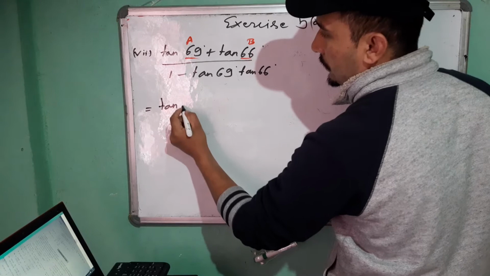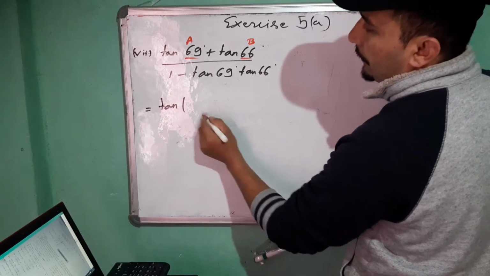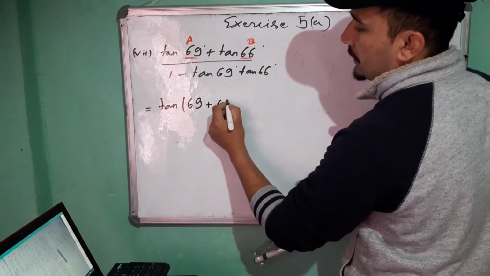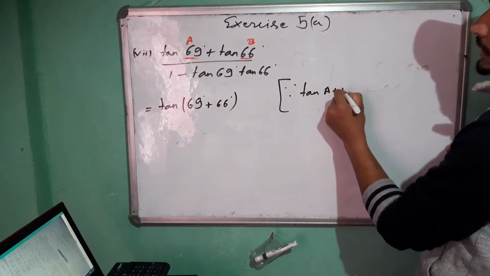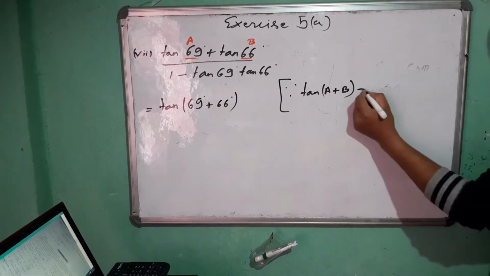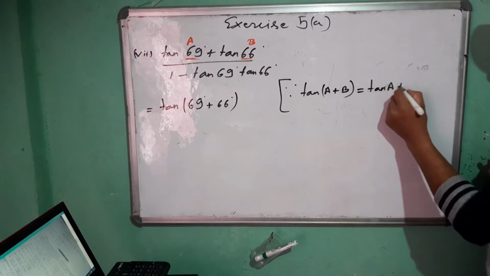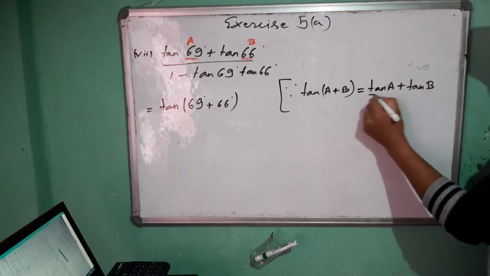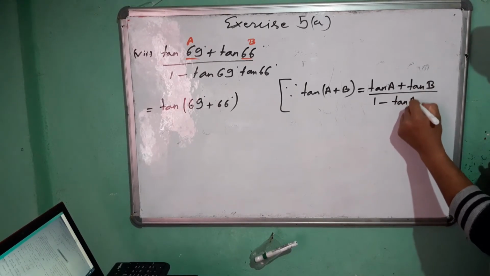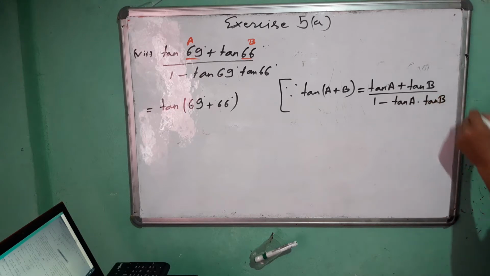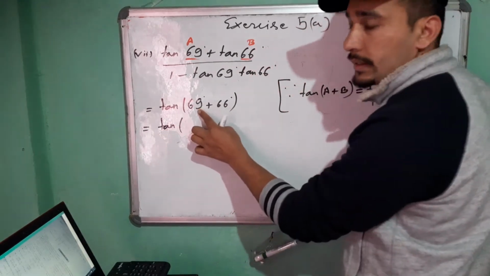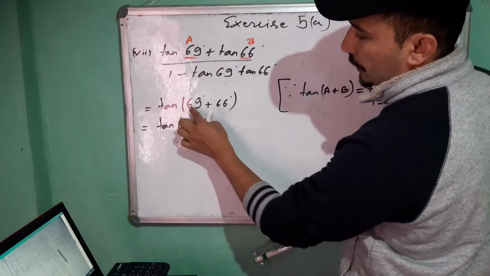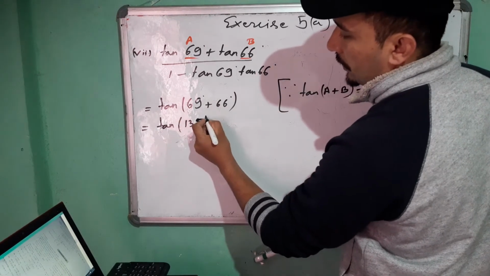According to the formula, this will be equal to tan(a plus b), that is tan(69 degree plus 66 degree), because tan(a plus b) is given by tan a plus tan b divided by 1 minus tan a tan b. So add these angles: 6 plus 9 is 15, 6 plus 6 is 12, plus 1 is 13, so 135 degree.